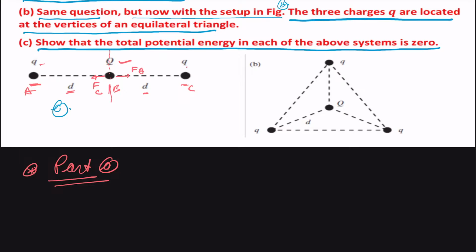The magnitudes of the charges are the same and the distance between the two is the same. So these two are going to balance out each other. Okay. So we can also say, without any calculation, by symmetry the force on Q from both the charges will cancel out each other.